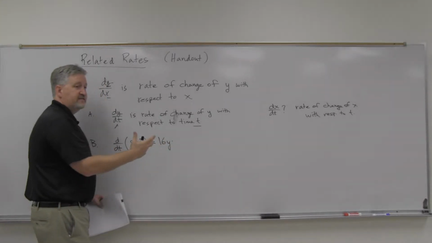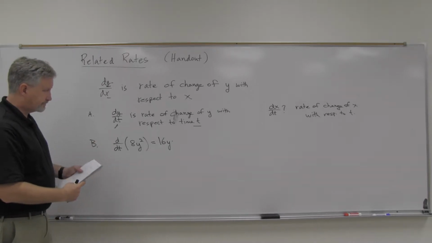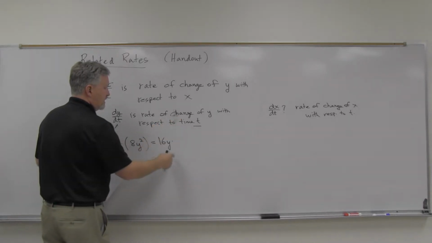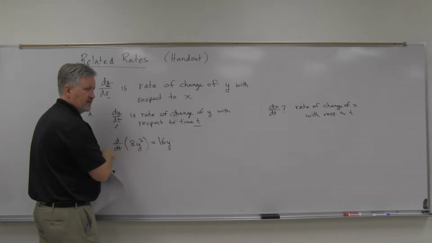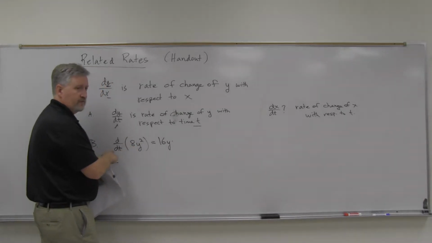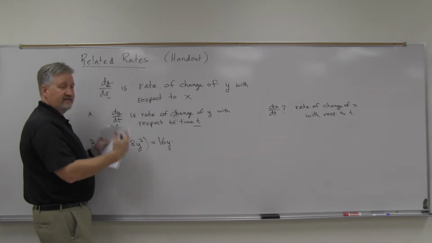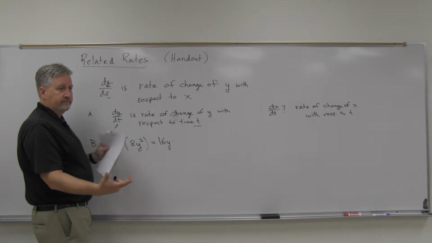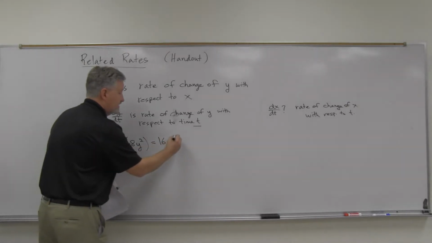So there's another piece to this, and that's what we were talking about in our previous discussion. If I'm doing the derivative of something that has a y in it, and it's a variable other than y that I'm doing the derivative with respect to, I need that dy over d whatever. In this case, since I'm doing the derivative with respect to t, I need dy over dt.